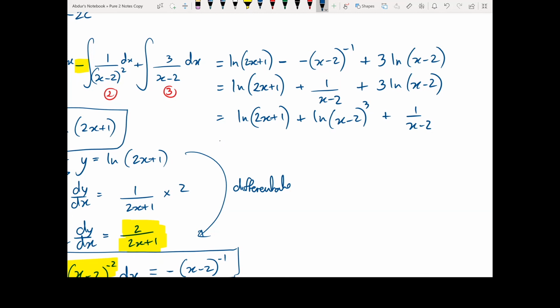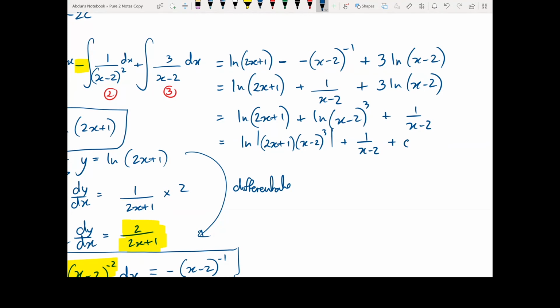And then since we've got the addition of these two, we can apply the multiplication law for logs. And we can then say it's ln of (2x + 1) multiplied by (x − 2) all cubed, modulus of, since ln is always of a positive function, plus 1 over x − 2, plus the integration constant. So there's our final answer.